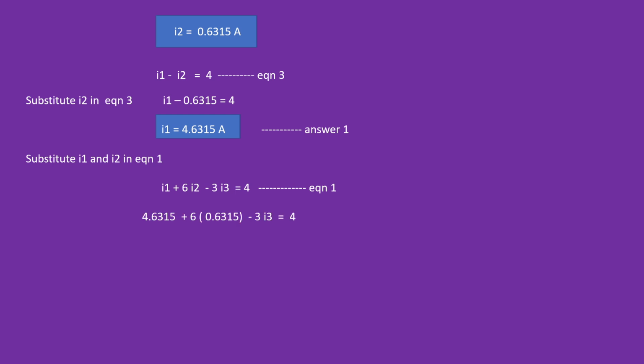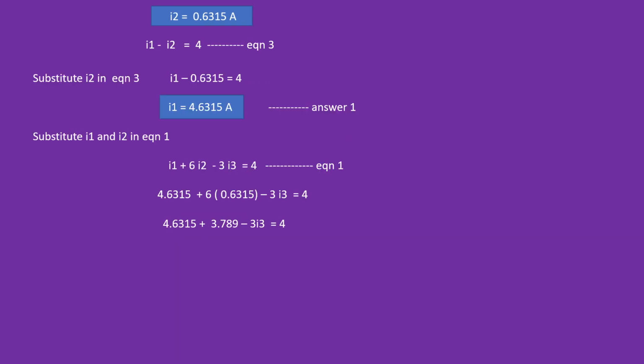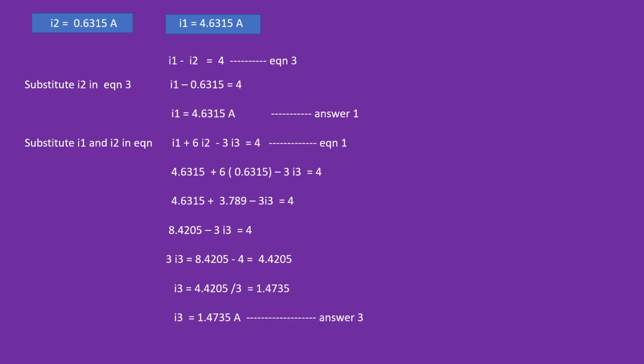When you substitute the I1 and I2 values, 4.6315 plus 6 into 0.6315 minus 3 into I3 equal to 4. So that is 4.6315 plus 3.789 minus 3I3 equal to 4. So we get 8.4205 minus 3I3 equal to 4. So 3I3 is equal to 4.4205, so I3 is equal to 1.4735 amps. So we get the third answer too.